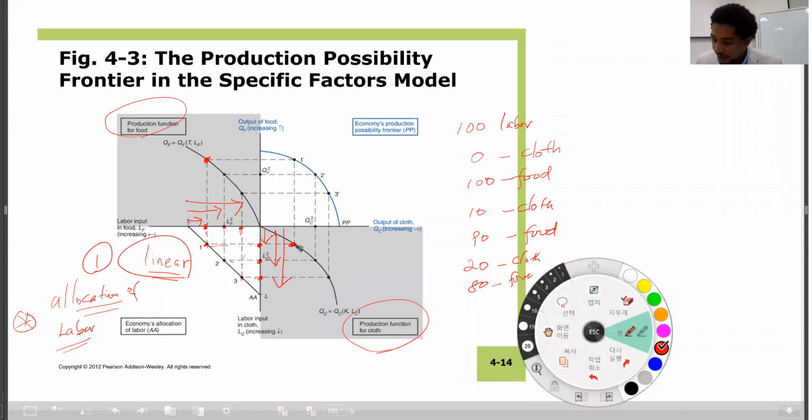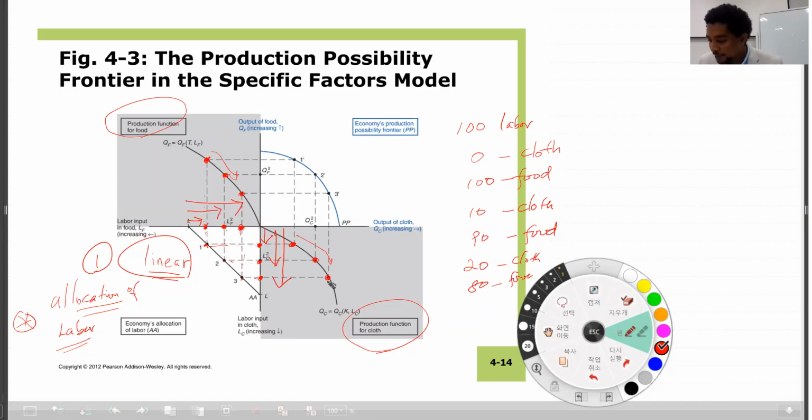And at point two, for this amount of labor for food, this is the amount of food you can produce, and this is the amount of clothes you can produce. You can see when this decreases, this increases, right? Then at the third point, when you have this amount of labor for food, you produce this amount of food, and then you produce this amount of clothes.